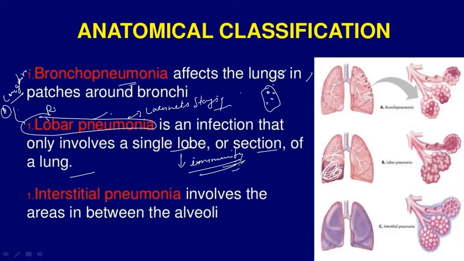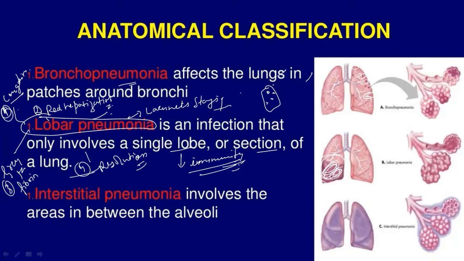Second is red hepatization, that means a liver-like consistency is there due to hemorrhage. Then third one is gray hepatization, which is due to fibrin. And the fourth one is resolution, right?